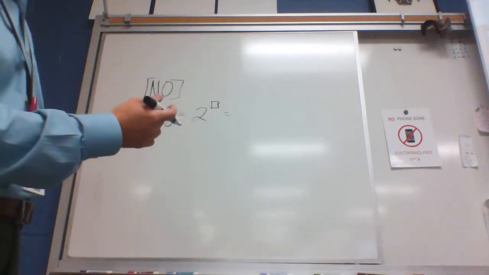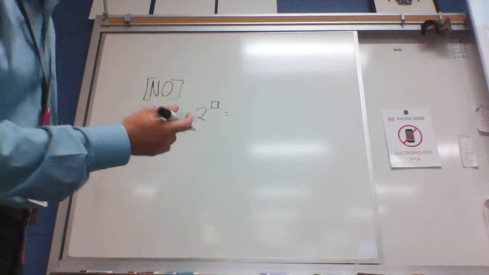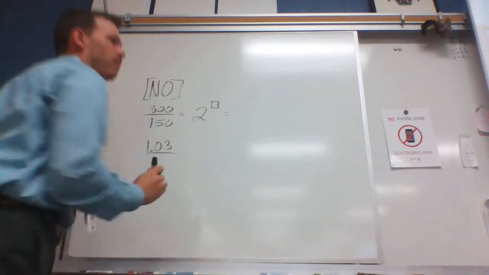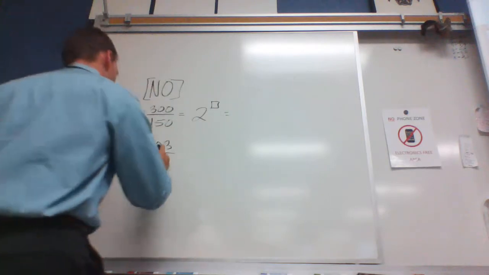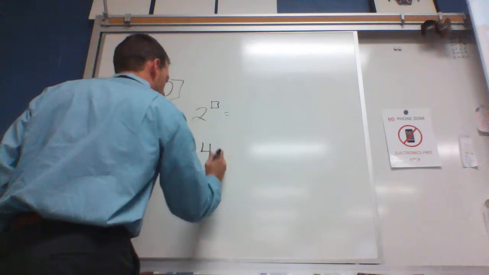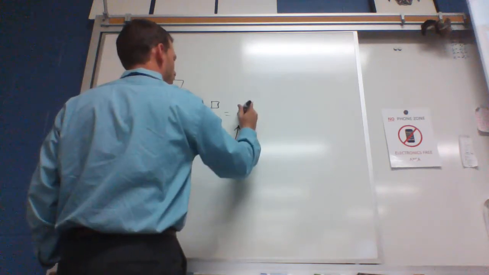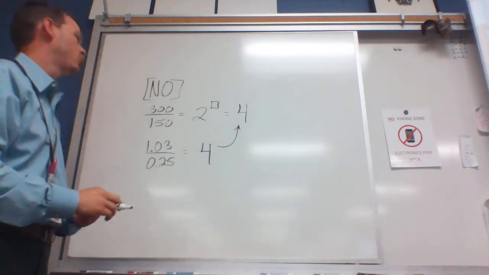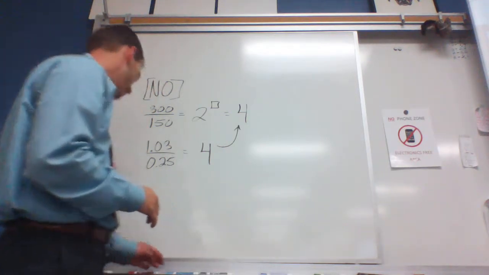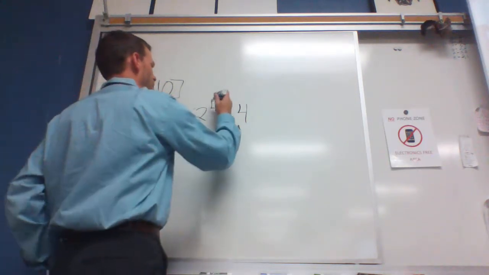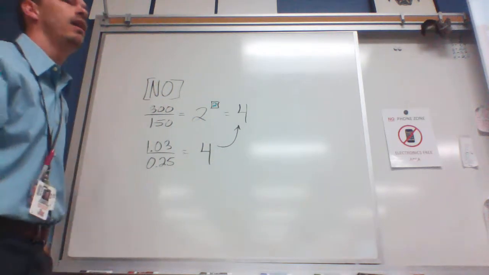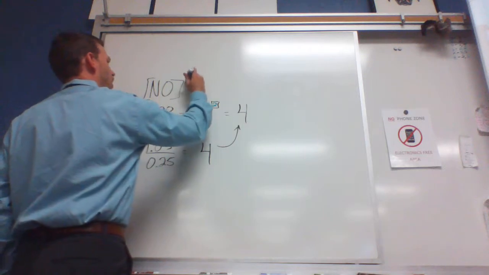In this case, it was 4 divided by 3, so I'm going to go 1.03 divided by 0.25, and I get 4. The question becomes 2 to what power equals 4, and the answer is 2. Therefore, NO has an order of 2.